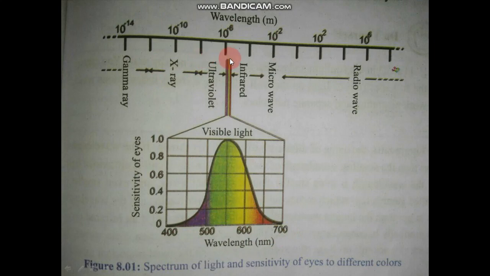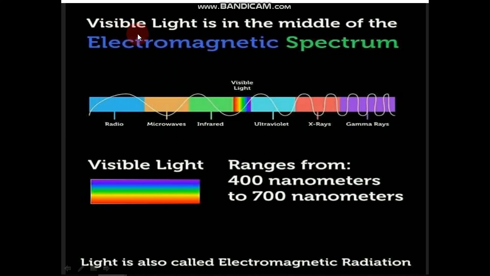This figure is arranged according to wavelength, and our visible light lies between ultraviolet and infrared. Visible light is in the middle of the electromagnetic spectrum.